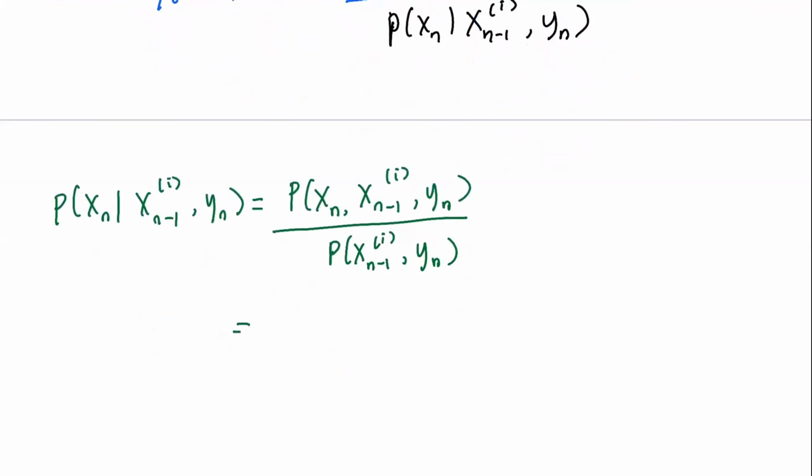And this is just the general Bayes rule: the joint divided by the probability of what's given. But then I can further simplify this by using Bayes rule, right?